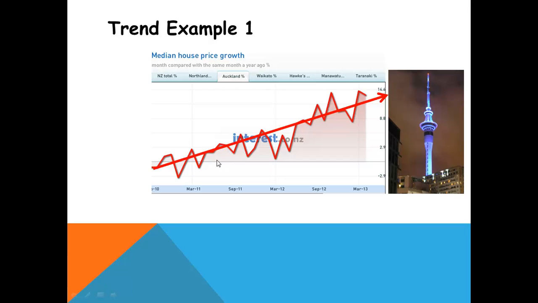When you have a look at that line, you'll see it goes from maybe about -0.5% up to about 14%. So there's the graph, and the question is, how do you then describe the trend? It is important to describe the trend precisely with good, strong mathematical language.